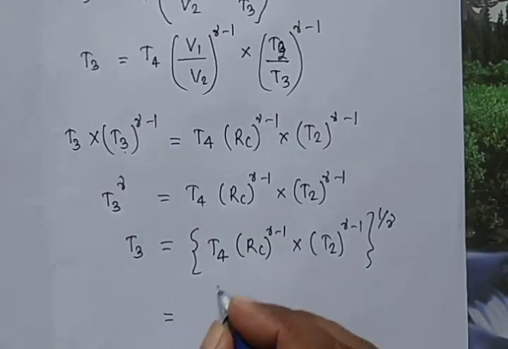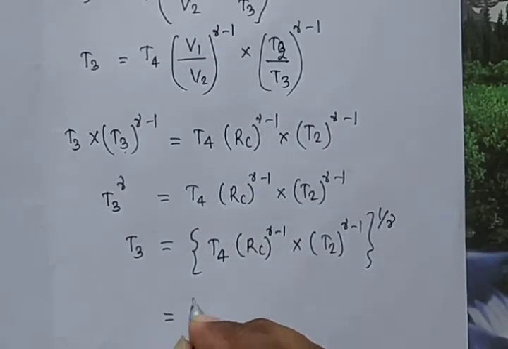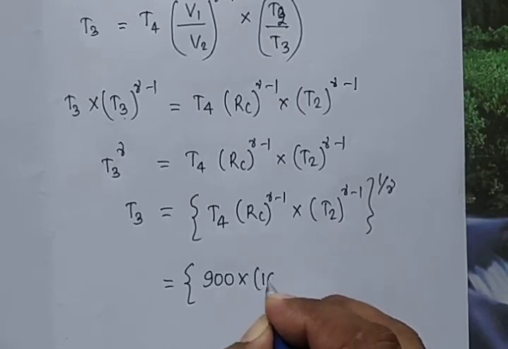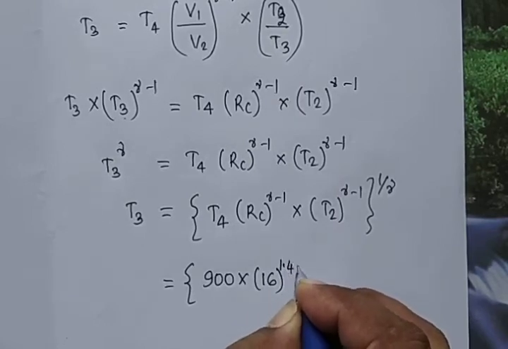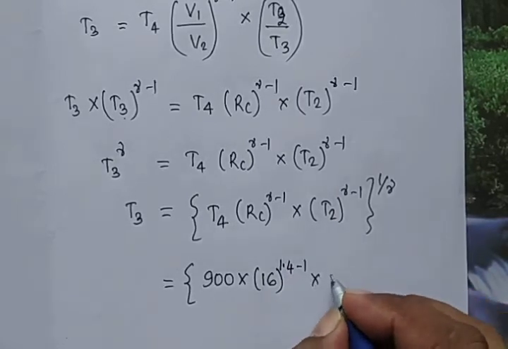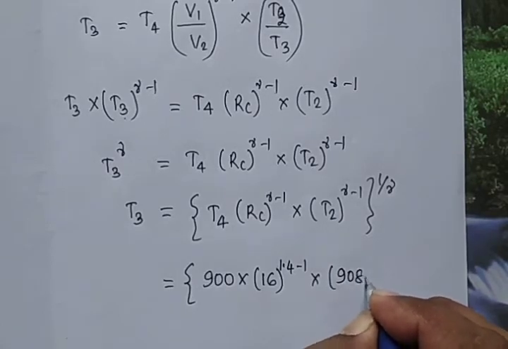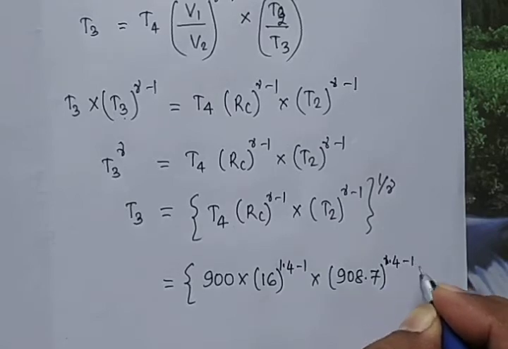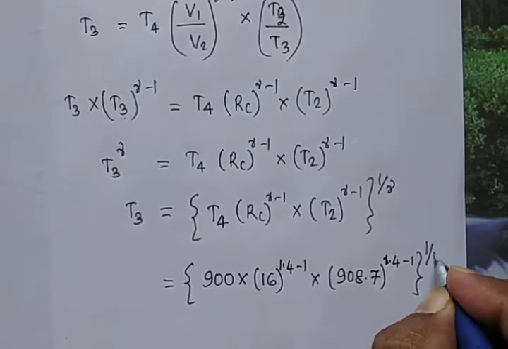That is T4 is known, it is 627, we have added 273 to that, it becomes 900. 900 into RC is 16 raised to 1.4 minus 1 into T2 is 908.7 whole raised to 1.4 minus 1 whole raised to 1 by 1.4.